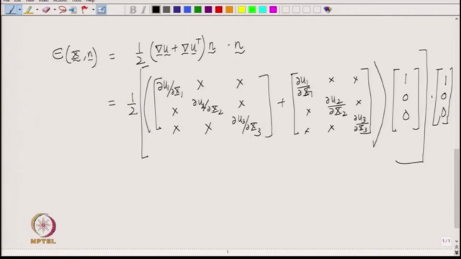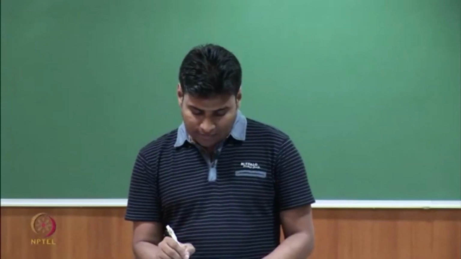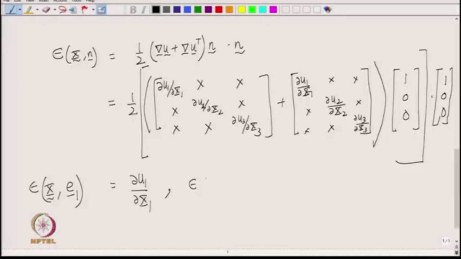When you work this out, you simply get del u 1 by del x 1. Okay, so, that is a very simple formula. So, it is for epsilon at a point x, but for n equal to E 1. So, it is simply the diagonal of the displacement gradient matrix. Similarly, you can show that epsilon at a point x, but along E 2 is del u 2 by del x 2.